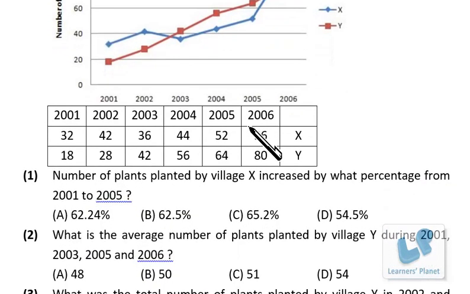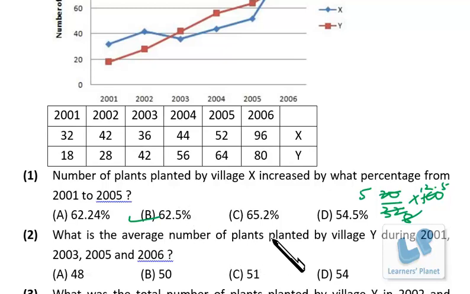Number of plants planted by village X increased by what percentage from 2001 to 2005? So 32 to 52. So increase is 20, 20 over 32. So 20 over 32 into 100, that we have to calculate. So that's 12.5. So 12.5 into 5, that is 62.5%. Okay.